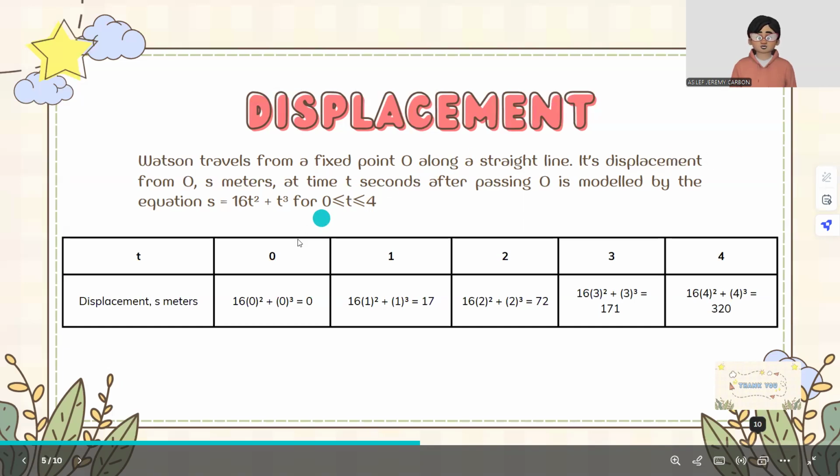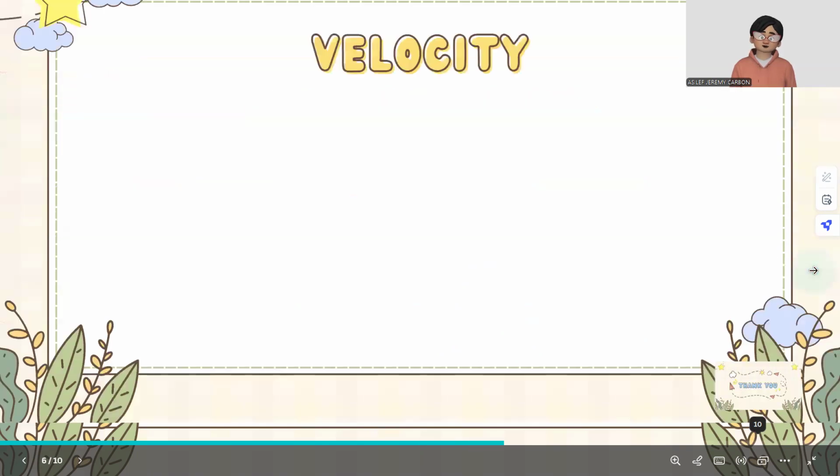When t is equal to 0, we have a displacement of 0 because we only substituted. When t is equal to 1, our displacement is 17. And when t is equal to 2, our displacement is 72, and so on and so forth. In order to find the displacement at any given time, we only have to substitute t in order to get S, which is our displacement.